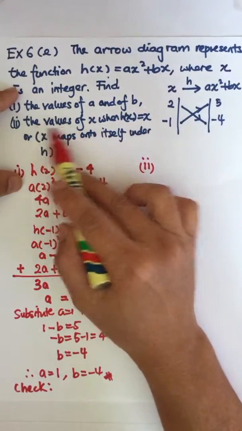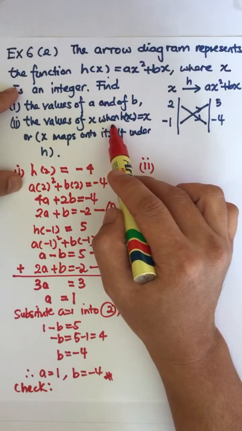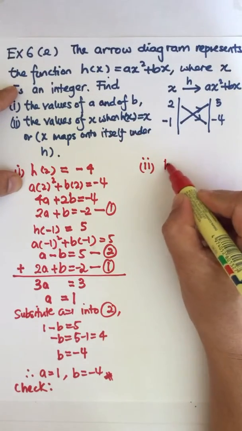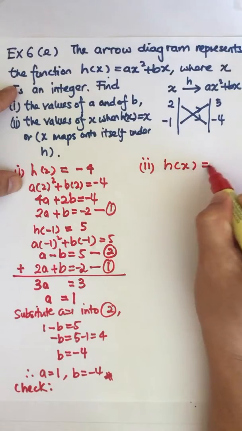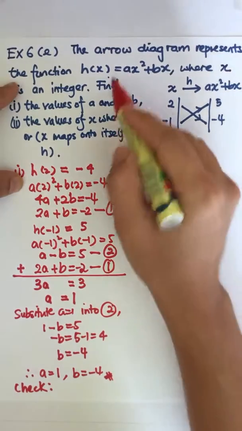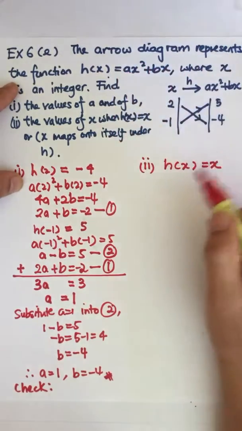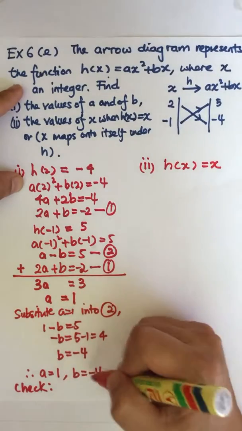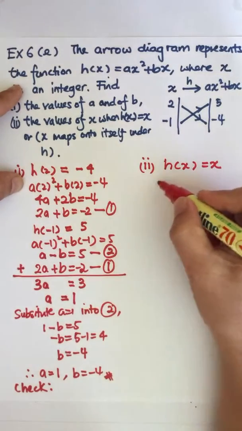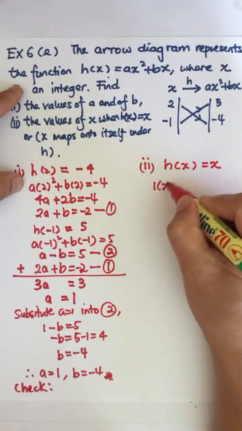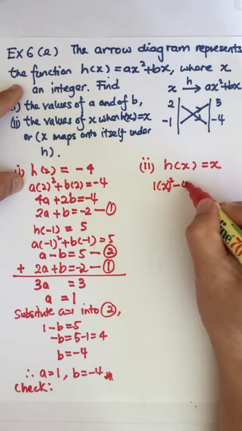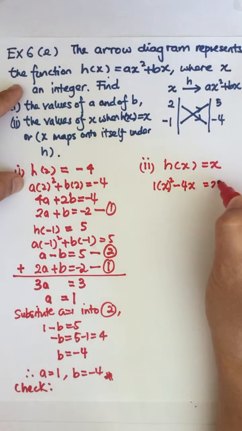So to solve problem number 2, find the value of x when h(x) = x. So we write down h(x) = x. So h(x) is ax² + bx. Since we already know the values of a and b, we substitute: 1x² - 4x = x.